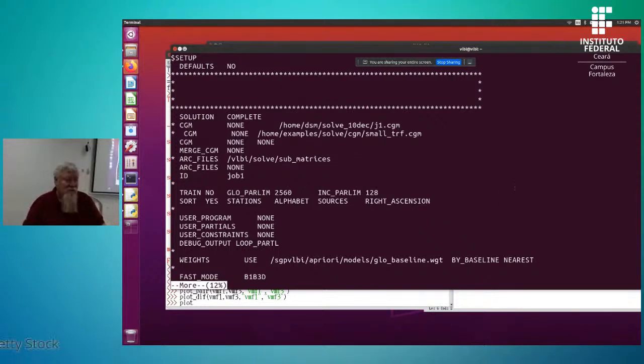I tried to make the script larger so that people can read it.